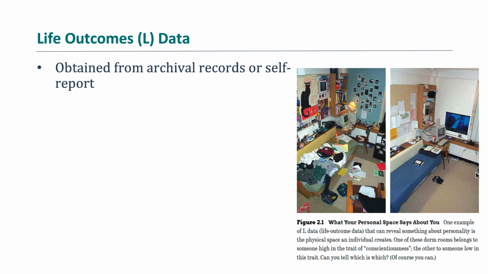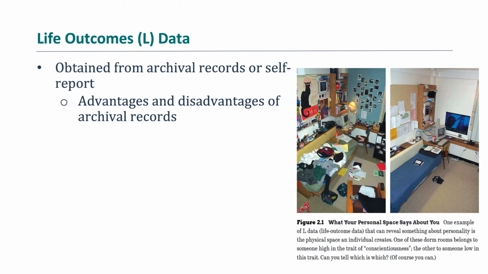So on the right-hand side, it's really organized, and it seems like maybe this person's more conscientious to some level, right? You can gather, okay, this person's very organized, very tidy, maybe they have those types of qualities, and this person's a little bit more relaxed, or less organized, should I say, right? And so I'm looking at archives, at things that you've done, and figuring out what it is about a person, and you can gather a lot of information, right?